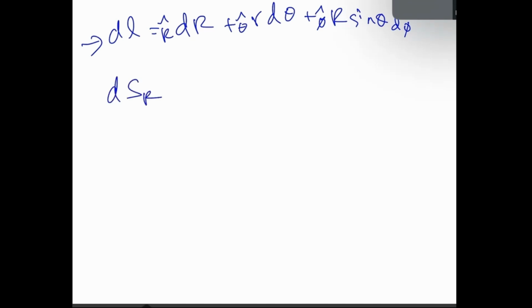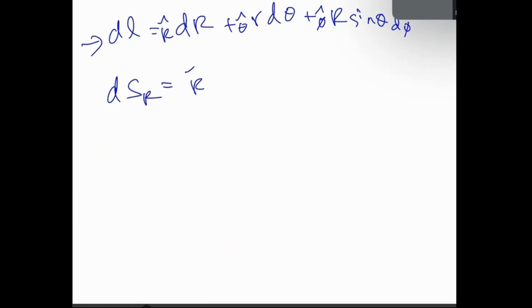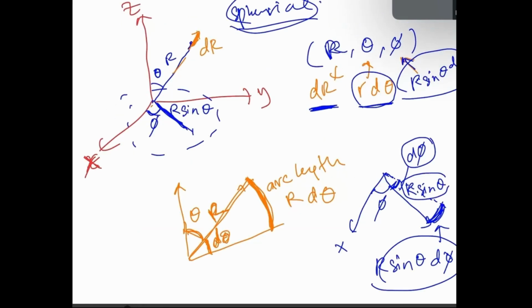Okay, so for r, we take this one times this one: r d theta times r sine theta d phi. Let me check. Sorry, this one is d phi.